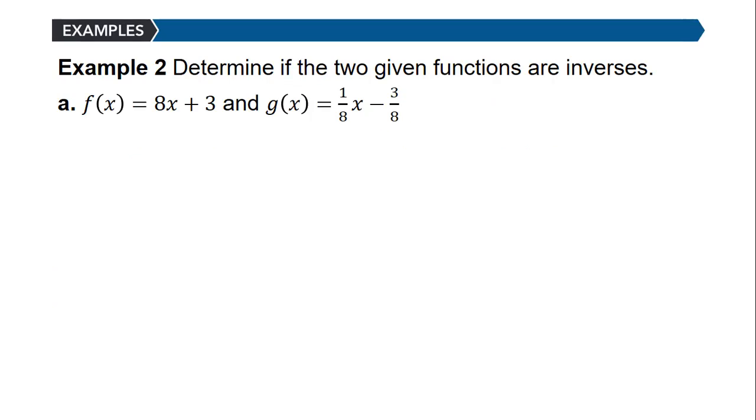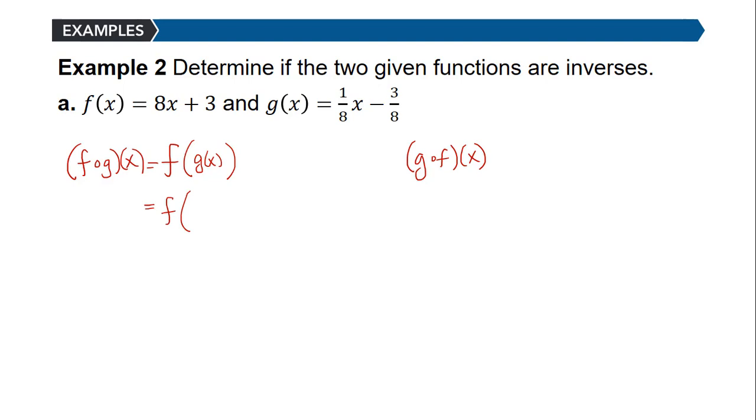In this example, we will determine if the two given functions are inverses of one another. In example A, we have f of x equals 8x plus 3, and g of x is equal to 1/8 x minus 3/8. To determine if these are inverses, we want to find their compositions. So I want to find f composed with g of x, and also g composed with f of x. So f composed with g of x, recall, means to do f of g of x.